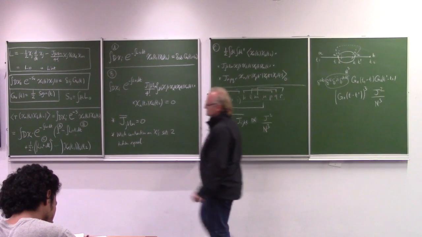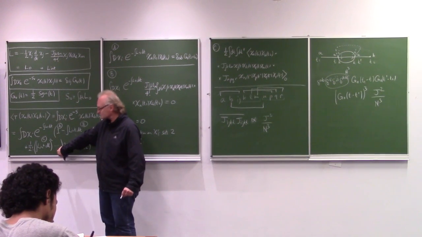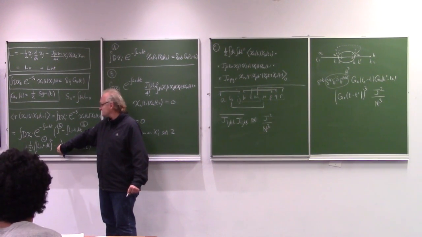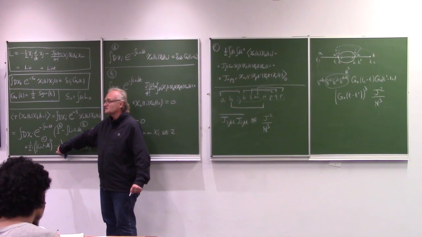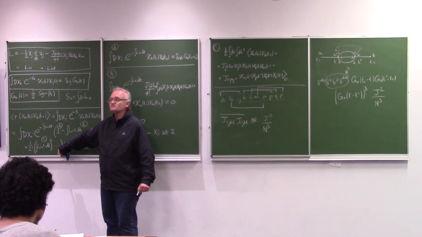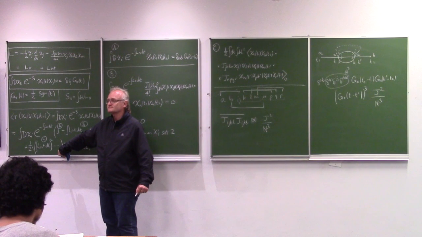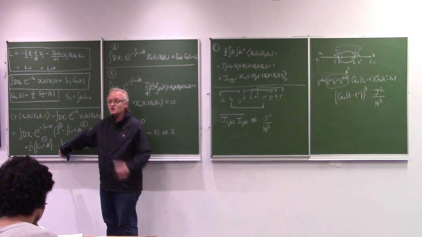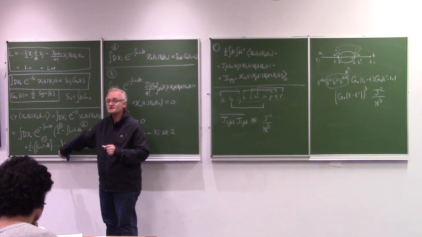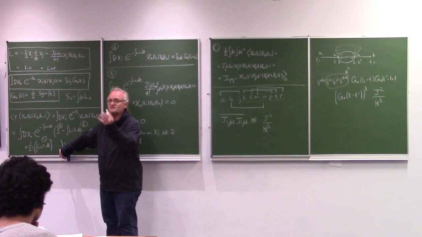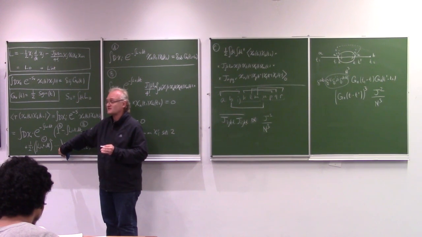Now, if we had kept expanding, the next term in this expansion would have been the cube of the interaction Lagrangian. What would that term have contributed? 0. Why 0? Because if we contract 2 J's together, there would be 1 J left over. Perfect. Disorder average would force that term to vanish.